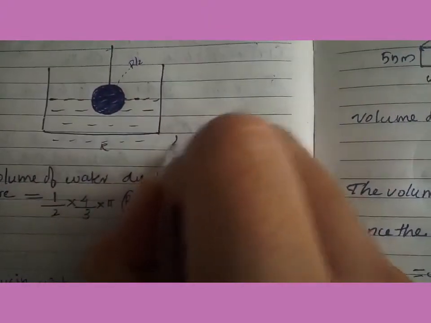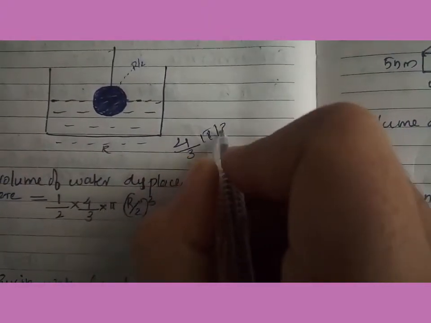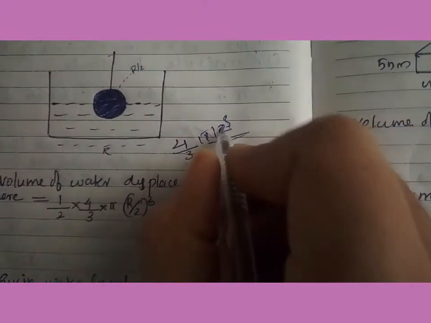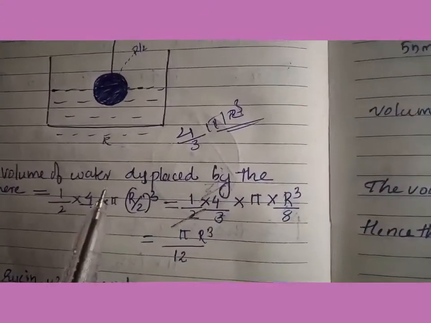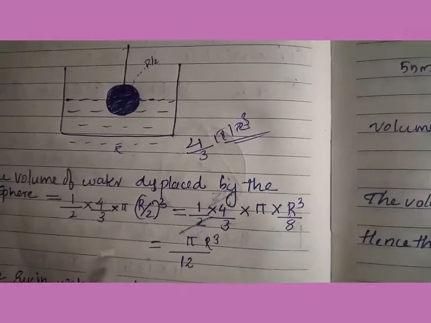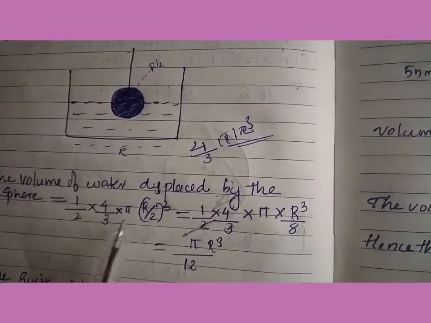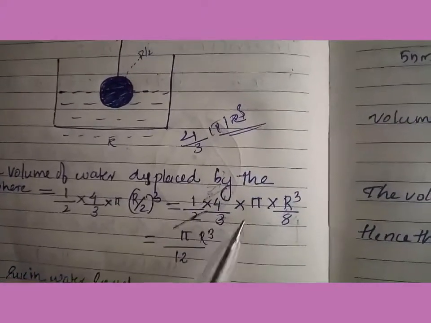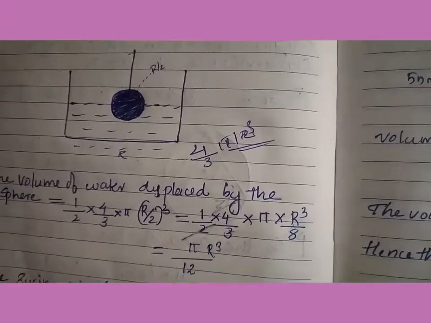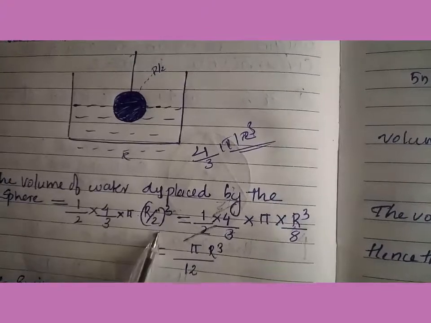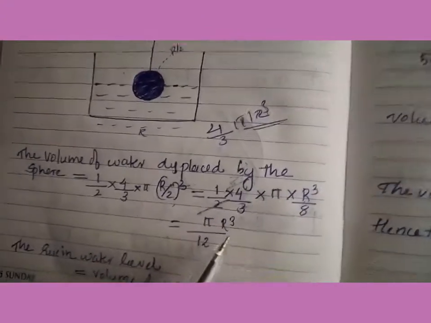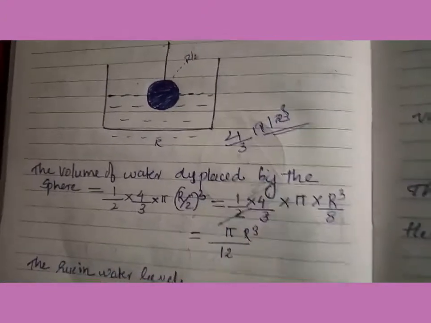We know the general formula is 4 by 3 pi r cube; here r is r by 2. Half of the volume is dipped in the water, so half into 4 by 3 pi r by 2 whole cube. Simplifying, 1 by 2 into 4 by 3 pi into r cube by 2 cube, that is 8. So we get the answer as pi r cube by 12.